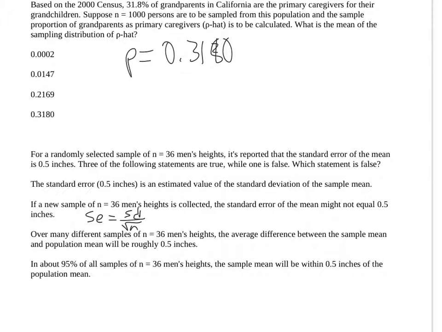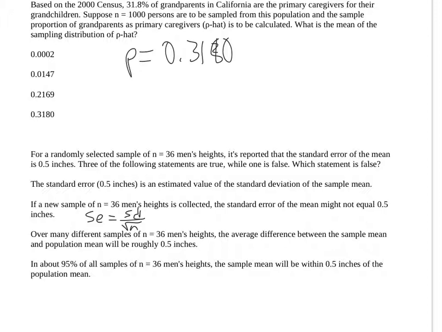So sure, if you take another sample of the same size, you may have a slightly different standard deviation because you'll have 36 men who are maybe not exactly the same as the other 36 men, with different heights. So the standard deviation could change. The sample size is remaining the same, but the standard deviation could change, which means this standard error can change from sample to sample.